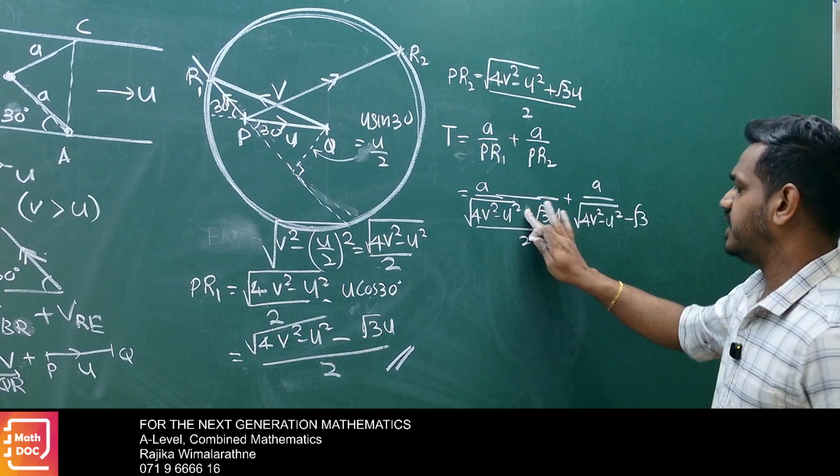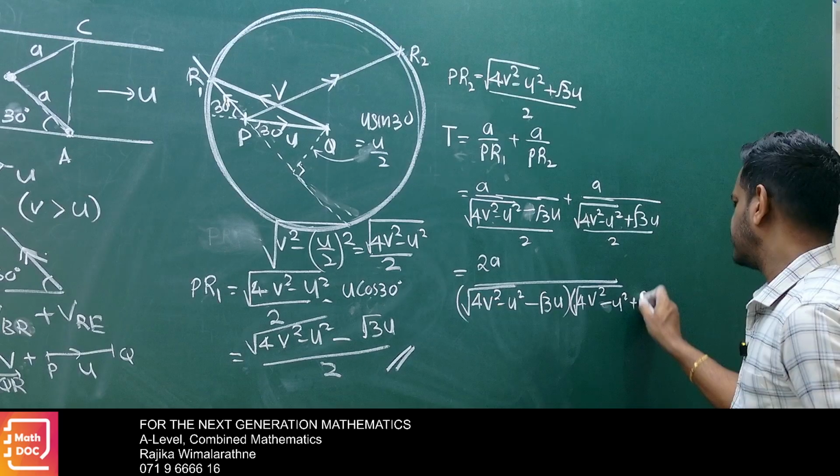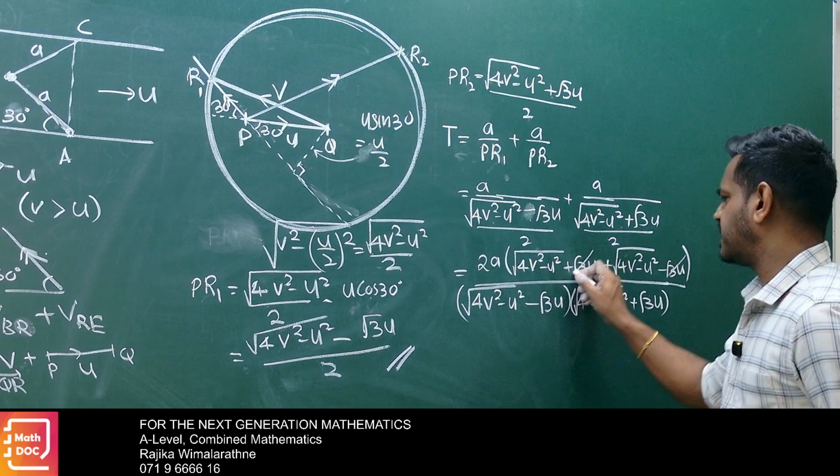Put 2 upstairs and get a common denominator here. Root of 4V squared minus U squared, minus root 3 U, and root of 4V squared minus U squared, plus root 3 U. Then root of 4V squared minus U squared plus root 3 U, and root of 4V squared minus U squared minus root 3 U. Cancel.